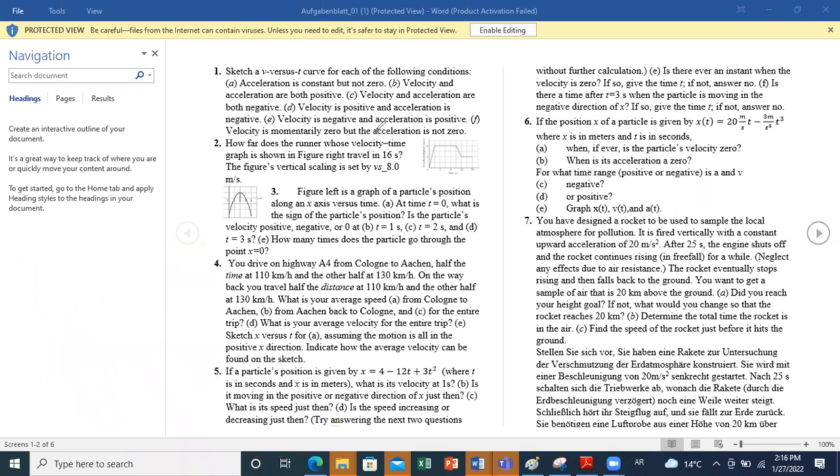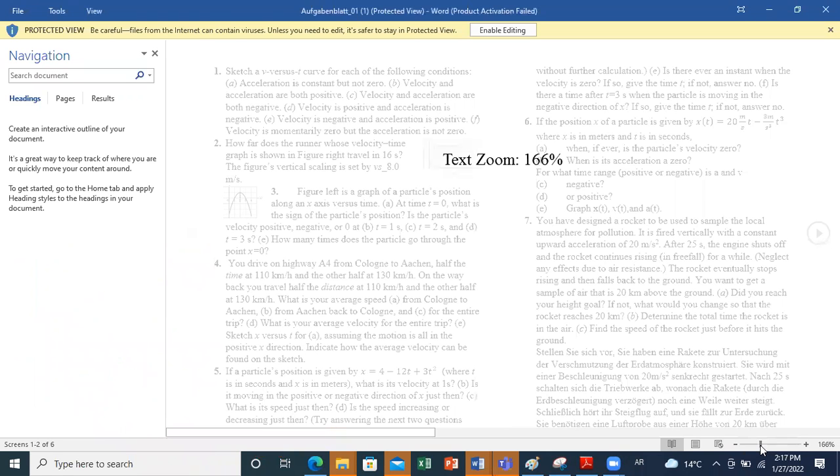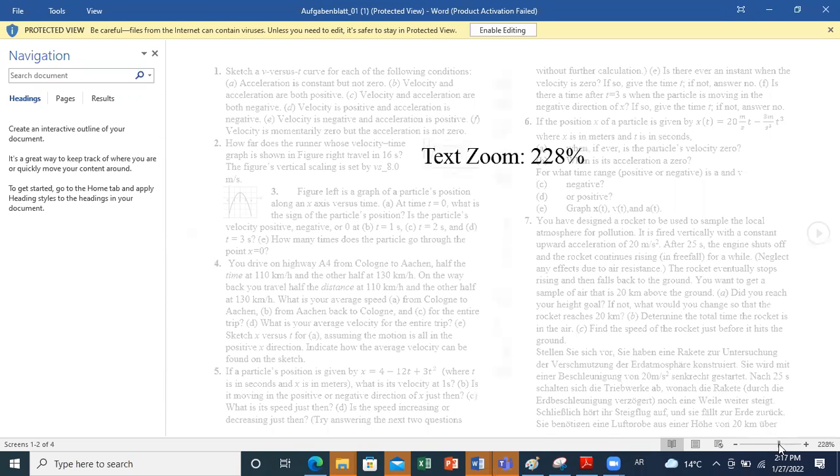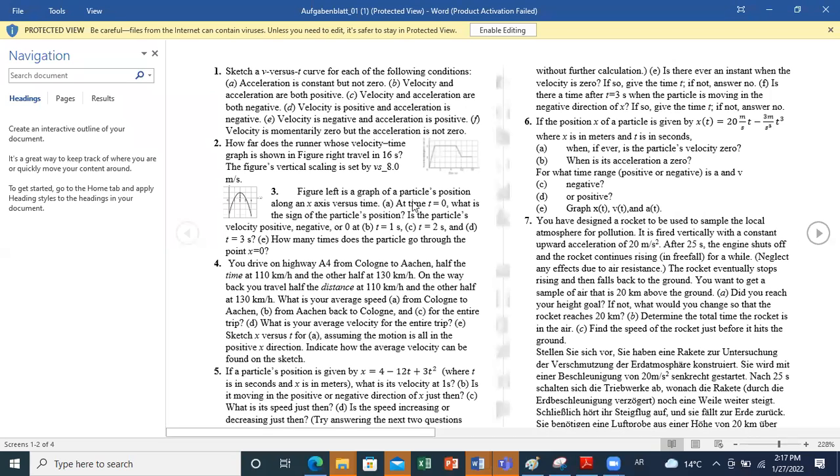Another problem. Let me zoom in a little bit. Zoom is not acting on the document.